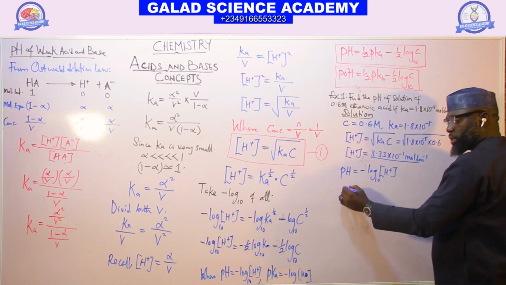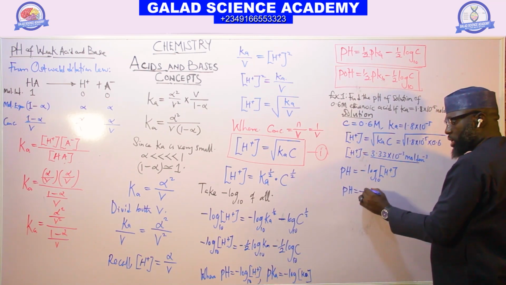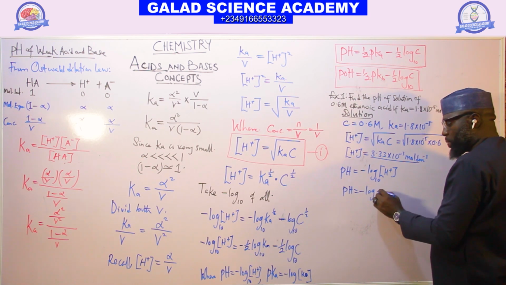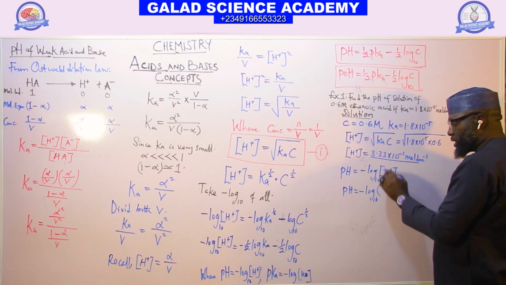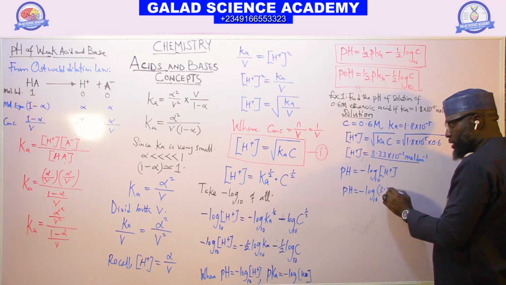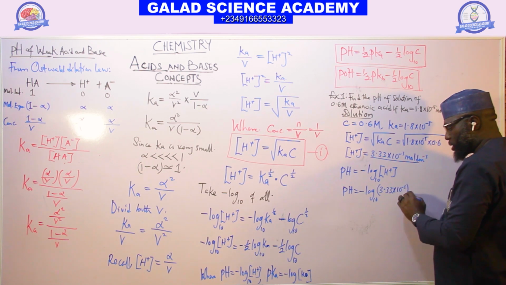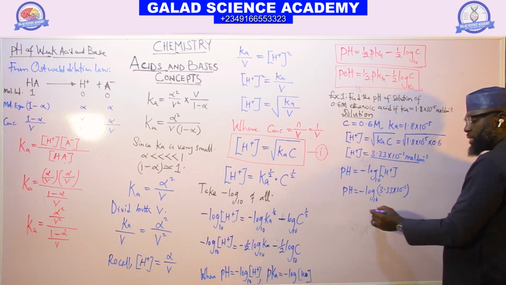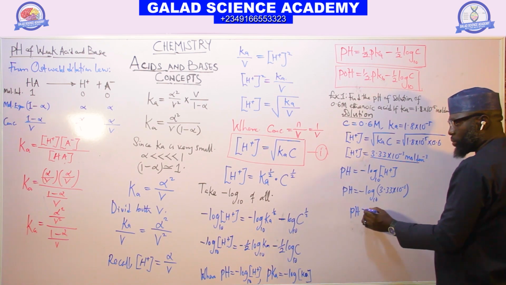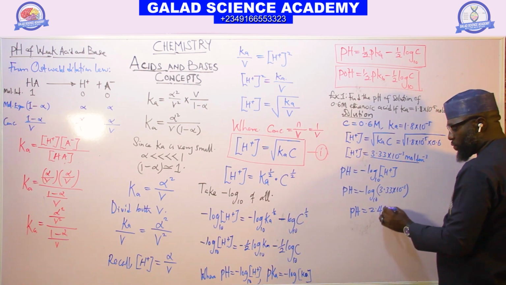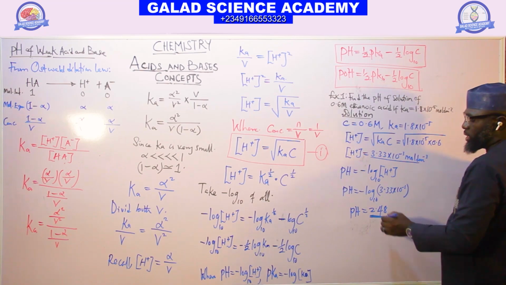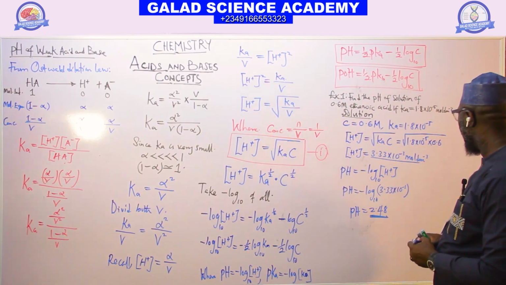You now put pH, minus logarithm to base 10, of the concentration of hydrogen ion we get, 3.3 times 10 raised to the power minus 3. So by pressing the calculator, the pH here will be 2.48. That's the pH.